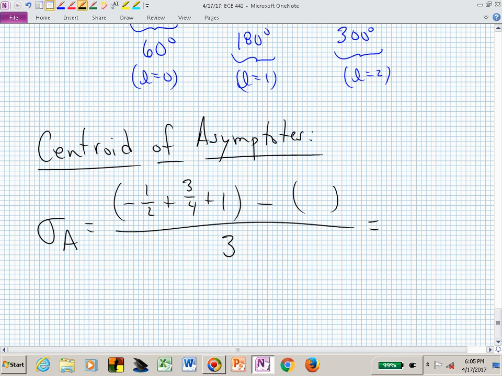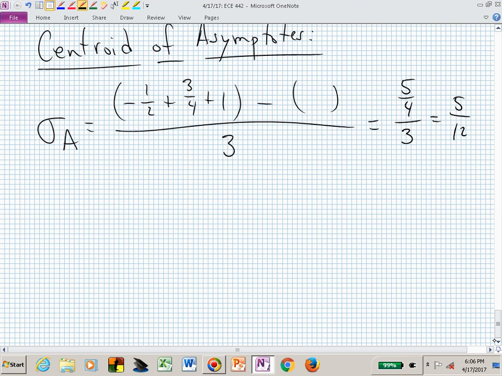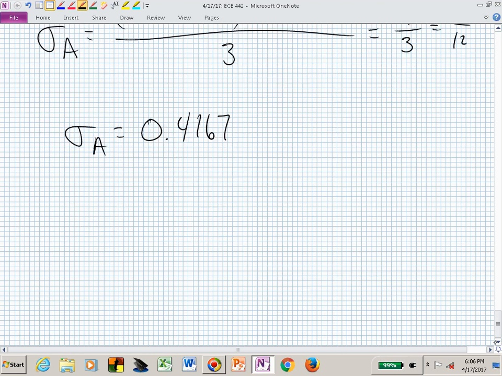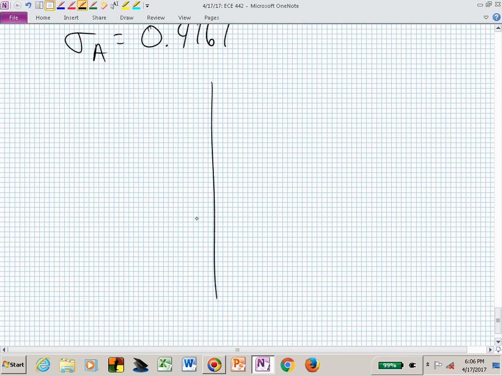Now we have 1/2 plus 3/4, or 5/4, divided by 3, or 5/12. Or this is the average of 4/12 and 6/12, or 1/3 and 1/2. So we split that, and we end up with 0.4167. That's the centroid. Now we can have a better informed picture of what's going on. We had a pole at 1, another pole at 3/4, and a pole at minus 1/2.